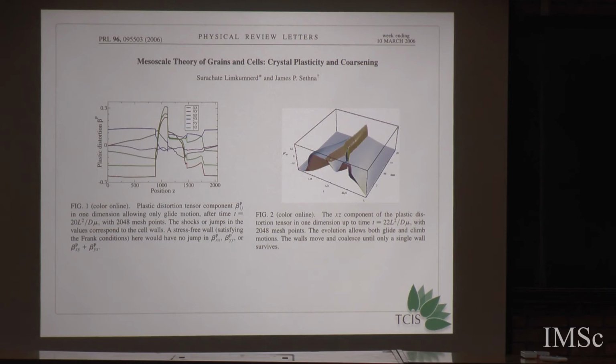But this does not at all address the question of how a solid goes from being elastic to something which is plastic, or how dislocations formed in the first place. So this question is unanswered up till now.